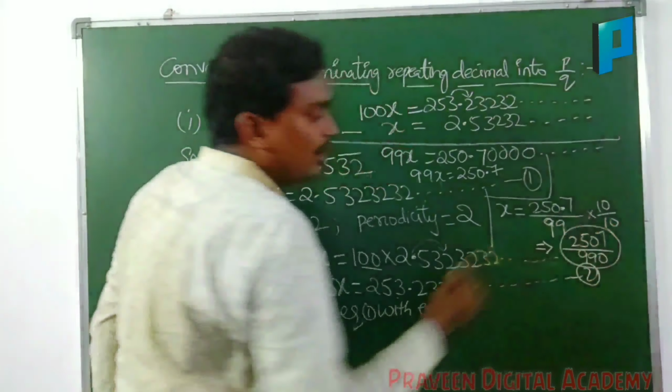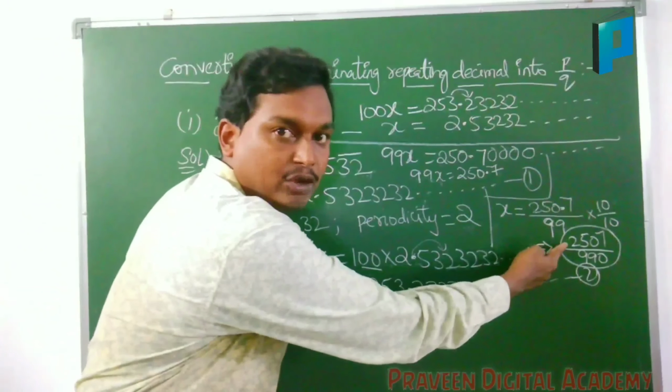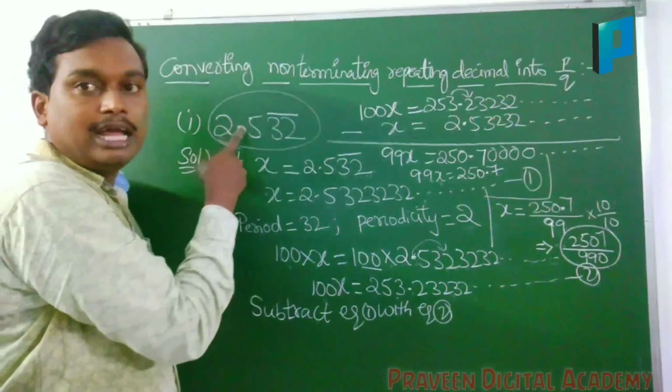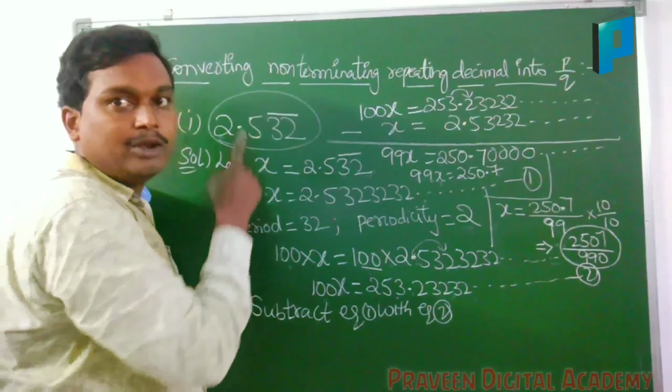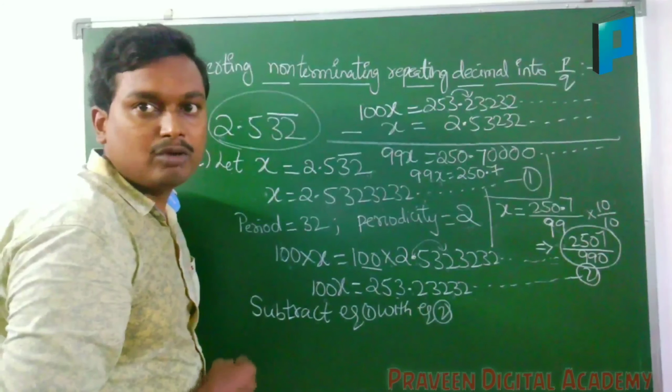This is the final answer: 2507 by 990 is in P by Q form. First they gave a non-terminating repeating decimal, and it is converted into P by Q form.